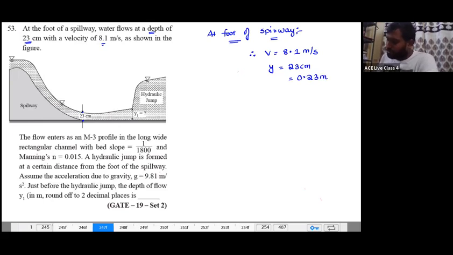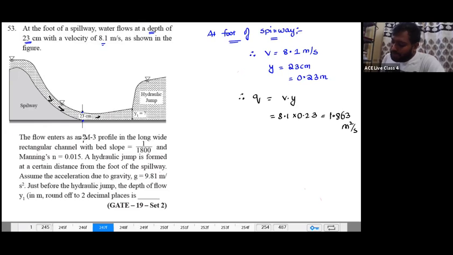From this, you can find the discharge per unit width as V into Y. So 8.1 into 0.23 is 1.863 meters squared per second. So that I can know how much flow rate is passing per unit width.